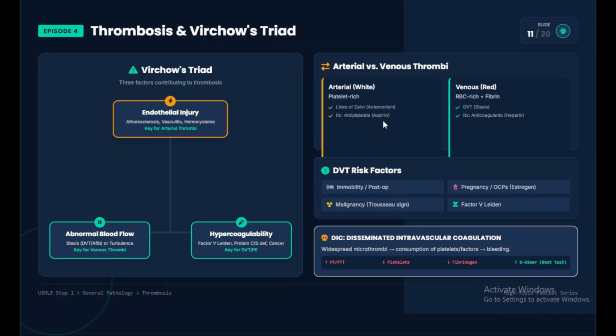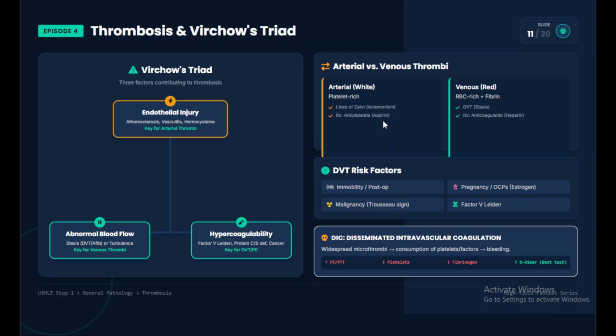It has the lines of Zahn, alternating pale platelets and darker fibrin, seen ante-mortem, and of course you can see these things ante-mortem and post-mortem. The typical sites of arterial thrombi are the coronary and cerebral arteries, and the treatment is antiplatelets like aspirin.